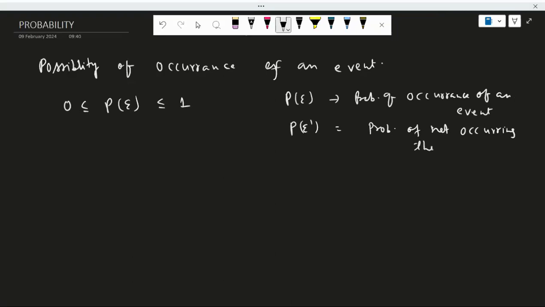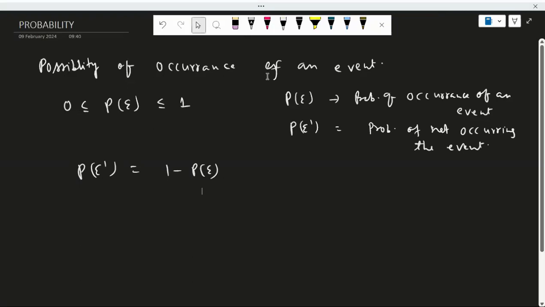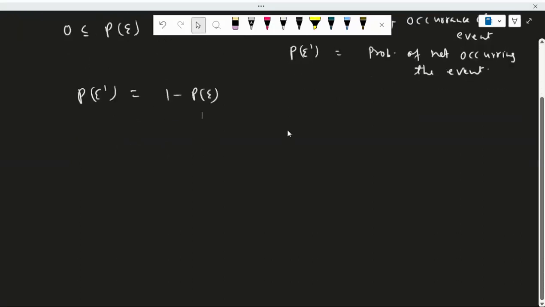And P(E not) is 1 minus P(E). These are the basic things. You already studied these things.